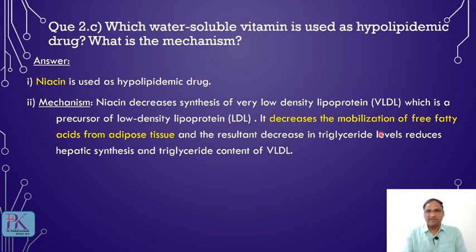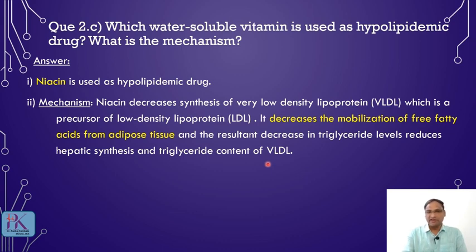What happens if triglyceride level is decreased? Triglyceride is required for synthesis of VLDL because VLDL itself contains triglyceride. So the synthesis of VLDL will decrease, and also the triglyceride content of VLDL will decrease.